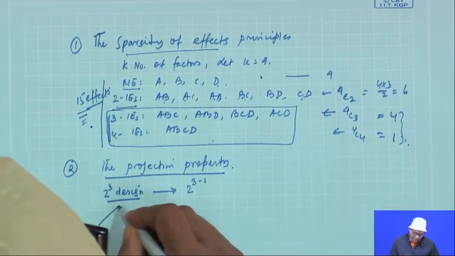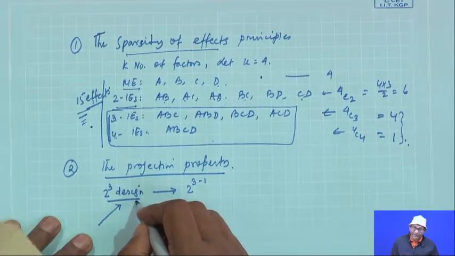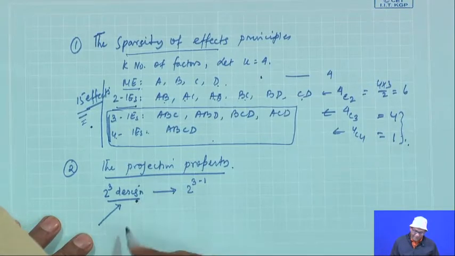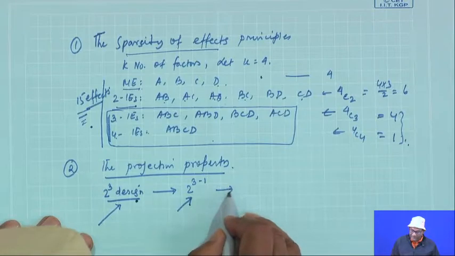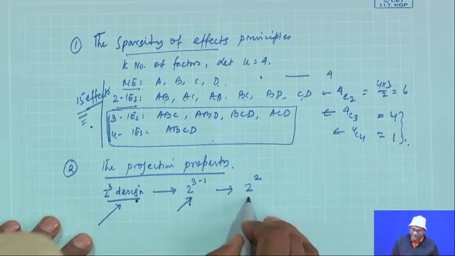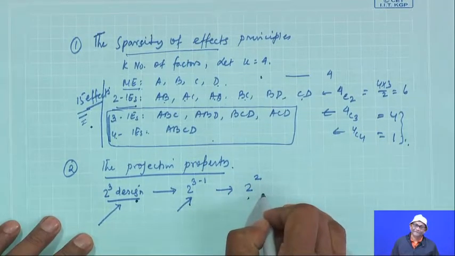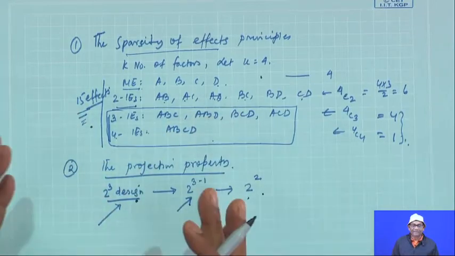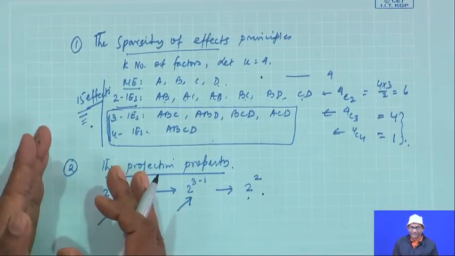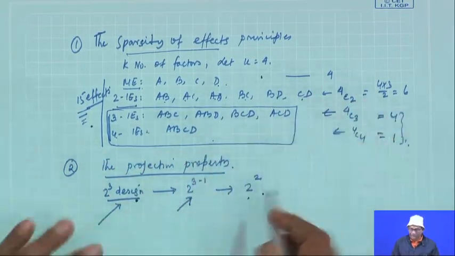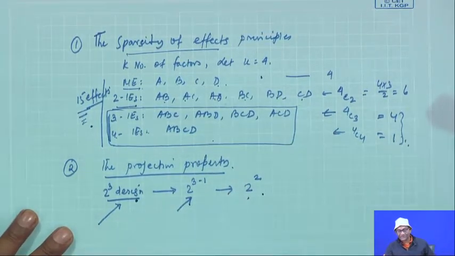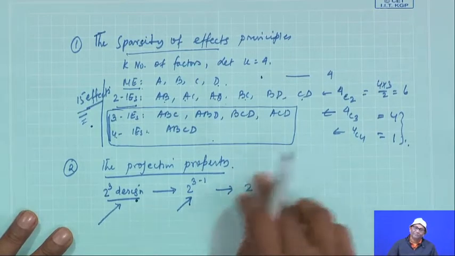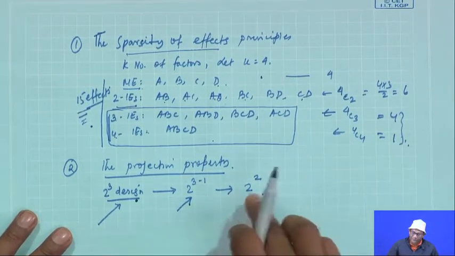Although in the 2 to the power 3 design case this is fractional, it is not fractional in 2 dimensions. In the 3 factor case it is simultaneously fractional, not giving you the full, but if you project into the lower dimensions, then it will become a full 2 to the power k factorial.